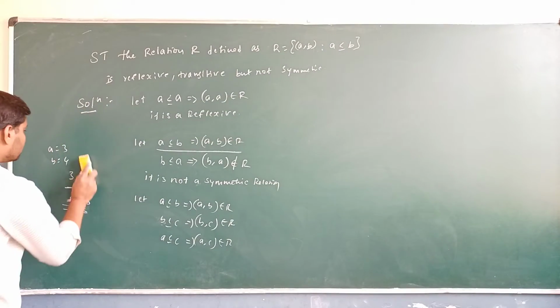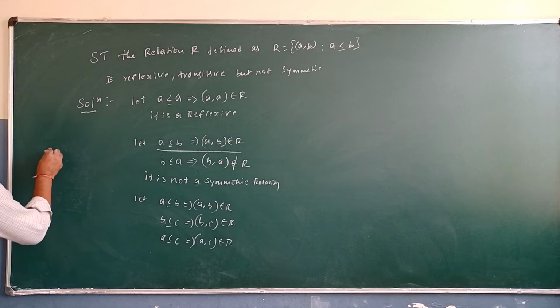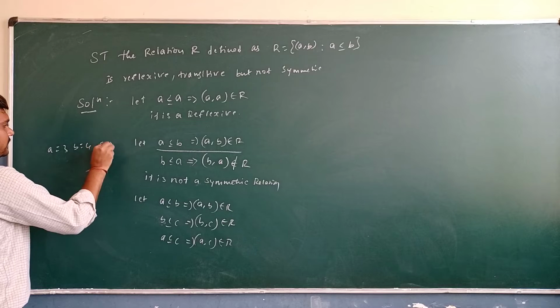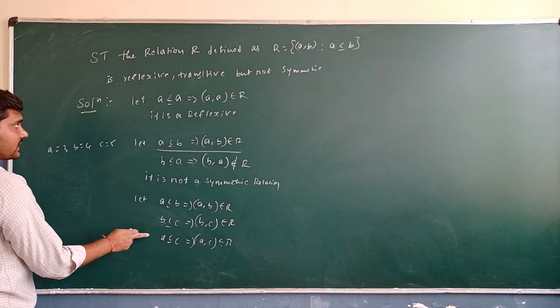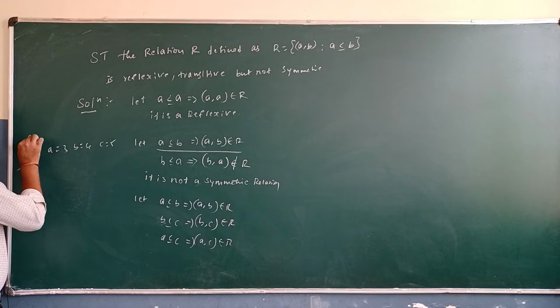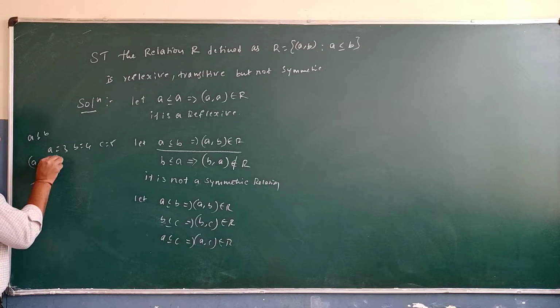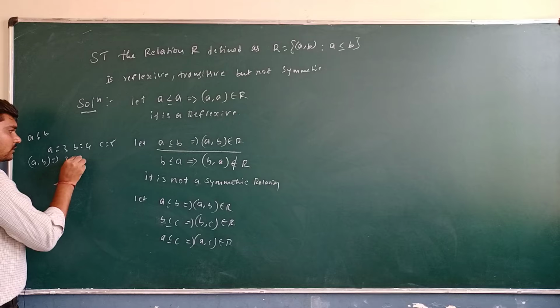Suppose a is equal to 3, b is equal to 4 and c is equal to 5, because we need to show that it must obey the transitive property. According to the given relation, a less than or equal to b means (a, b), which implies 3 is less than or equal to 4.